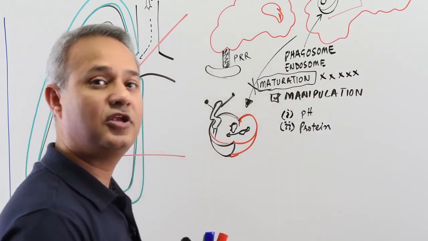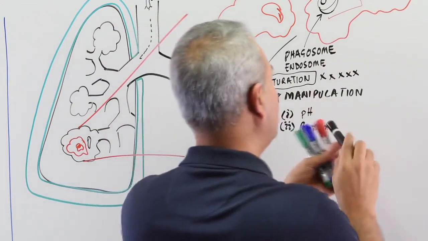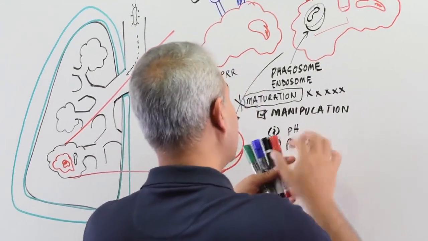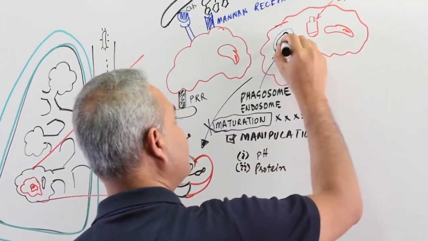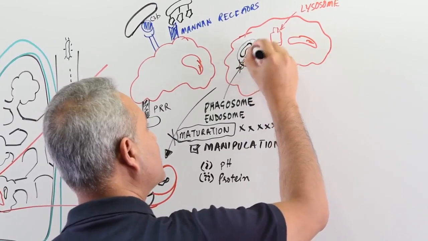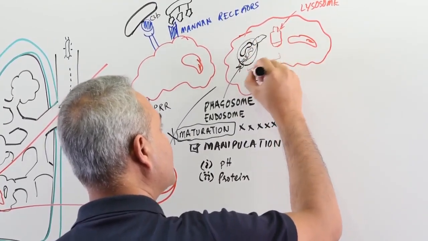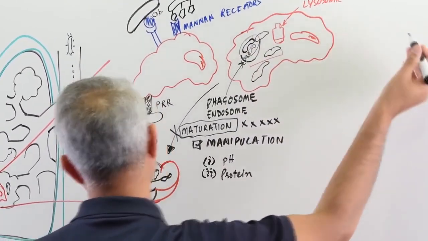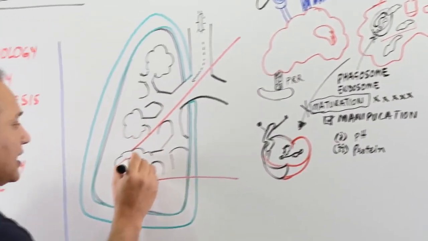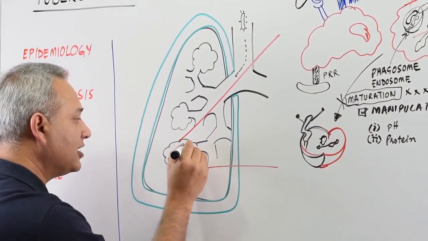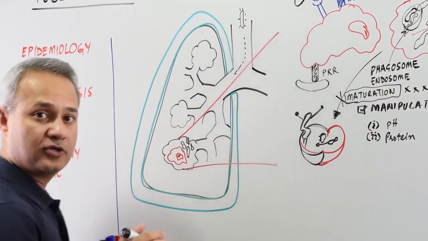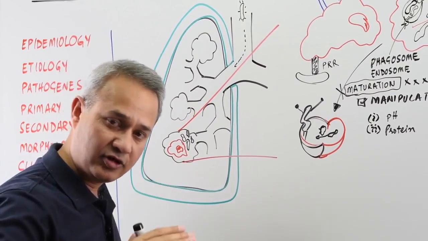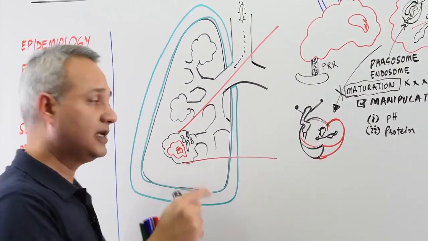When that maturation does not happen, what do you think will happen here? Now this pathogen has found a home. It is going to start growing inside the macrophage, and it was also growing outside the macrophage in the alveoli. So it is replicating in the alveolar spaces, and it is replicating in the macrophages.